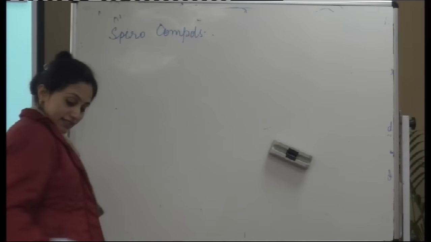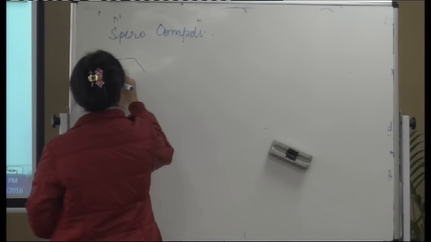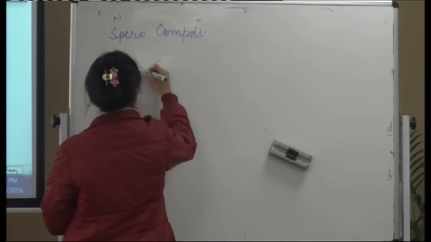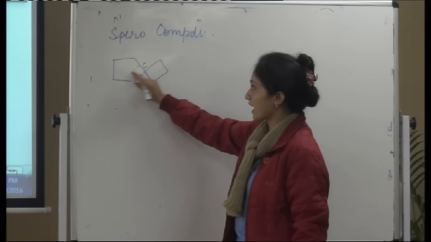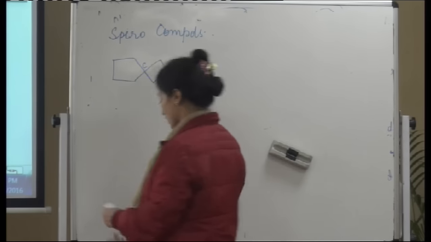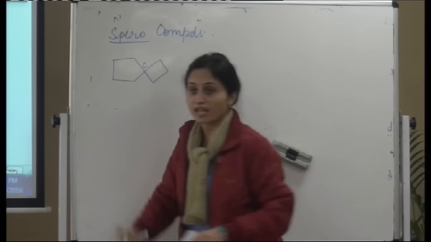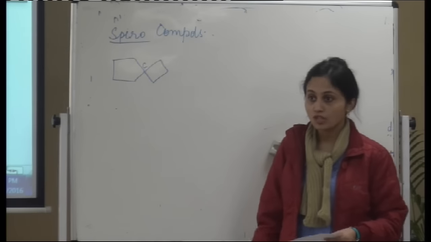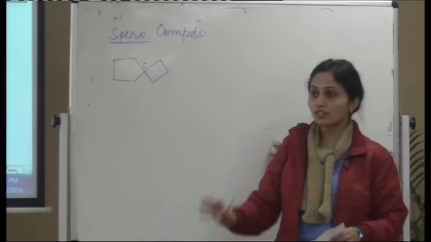Let's take up an example. In this case, say for example, if we have this and this, alright. Here, your carbon is attached in between these 2 rings. So this is a carbon coming in between, and this is a spiro compound. So remember that always a prefix of spiro will be used for such compounds. Sometimes it may be the case that only one of the options has spiro, then you don't have to work it out.